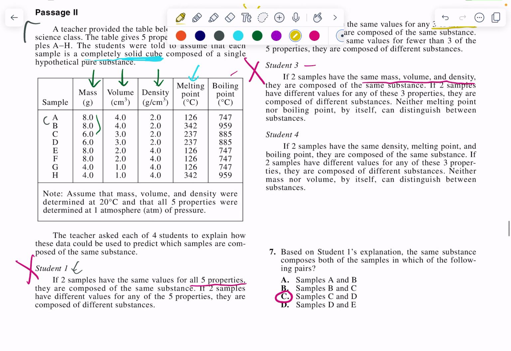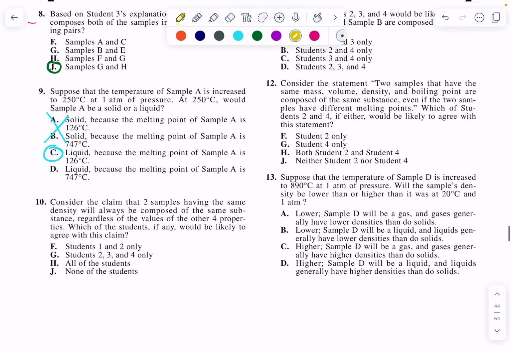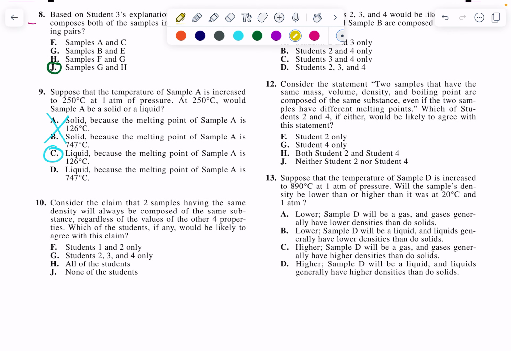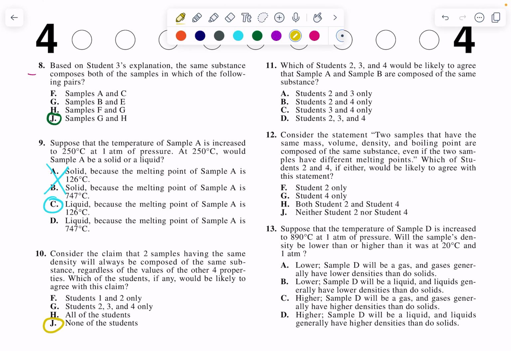Student 4, if two samples have the same density, melting point, and boiling point, they're composed of the same substance. So he says, again, density alone is not good enough. So for number 10 here, none of the students would say if density is the same, and that's it, they're good enough.